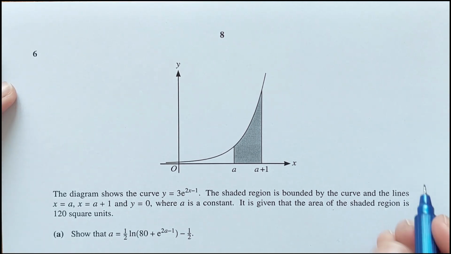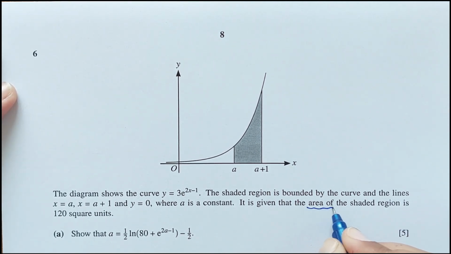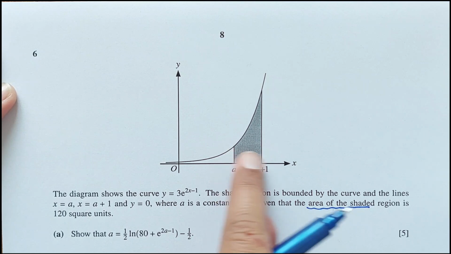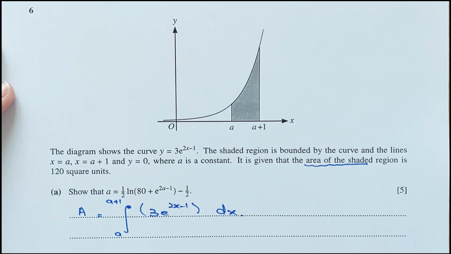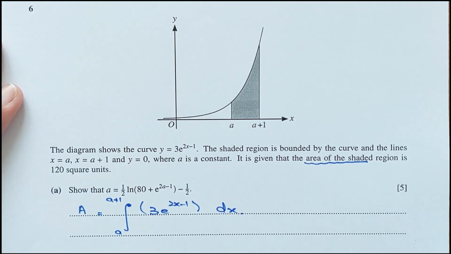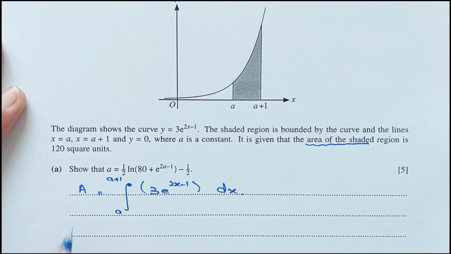So using the information that the shaded area is given, we can say that the shaded area is the integration of the curve from a to a + 1. So the curve is 3e^(2x − 1) dx, right? Let me do the integration and apply the limits.